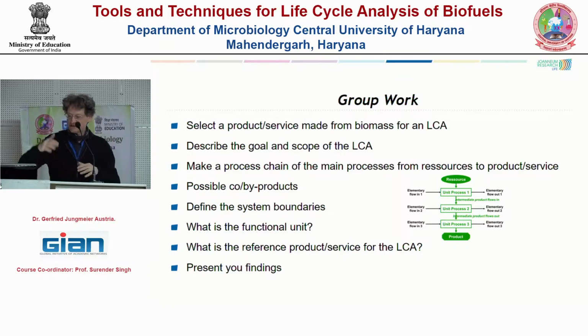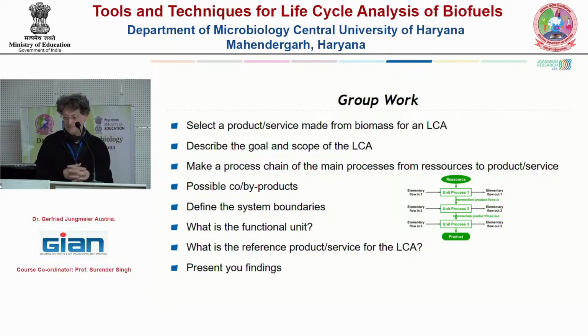Secondly, you make this process chain, with the main resource and the main steps towards the product, and then see at which stages co-products might occur, where you might have maybe animal feed or straw or glycerin.